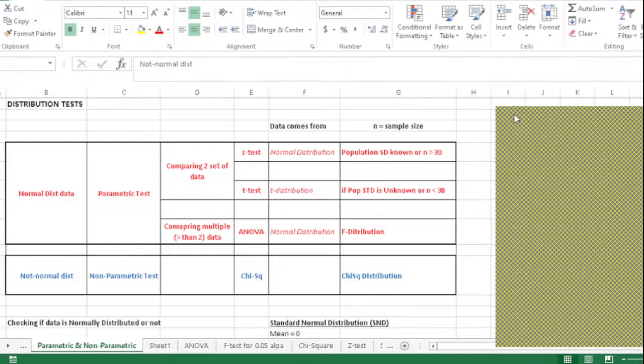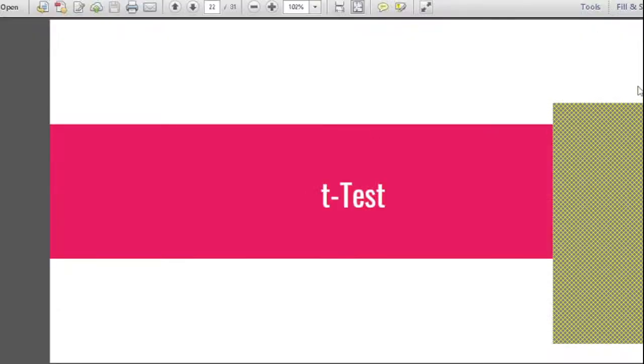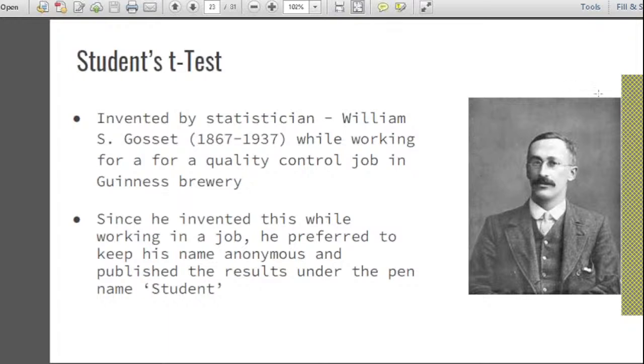Okay? Yes? Clear everyone? Right? So these are the main conditions under which you will do a t-test. Let's first understand what a t-distribution is, and why we have this condition that n should be less than 30.